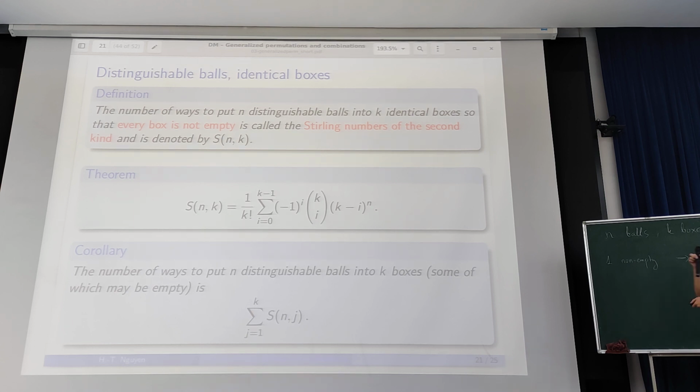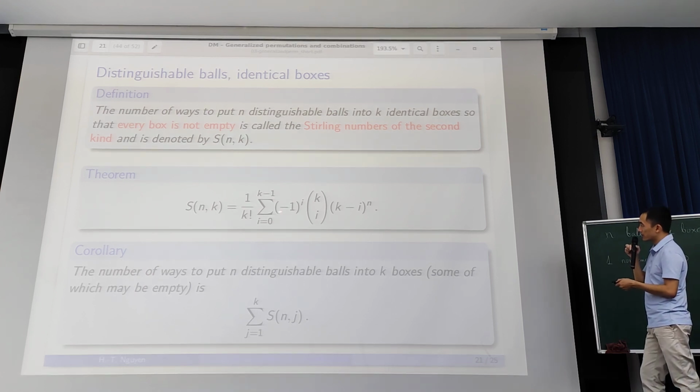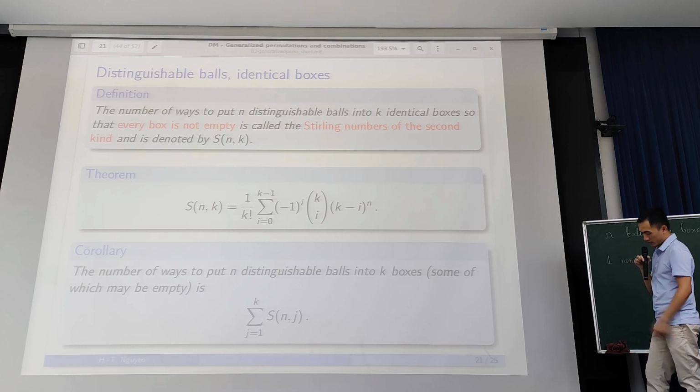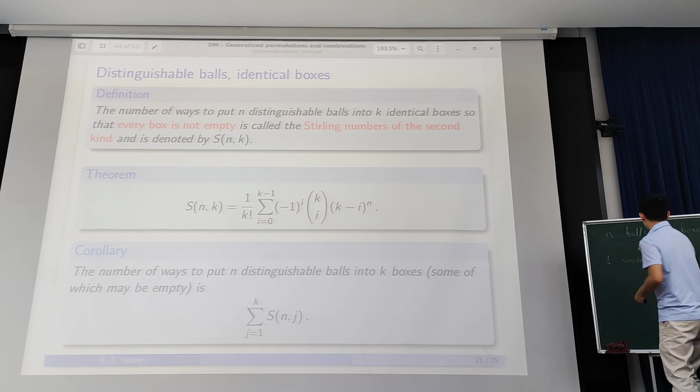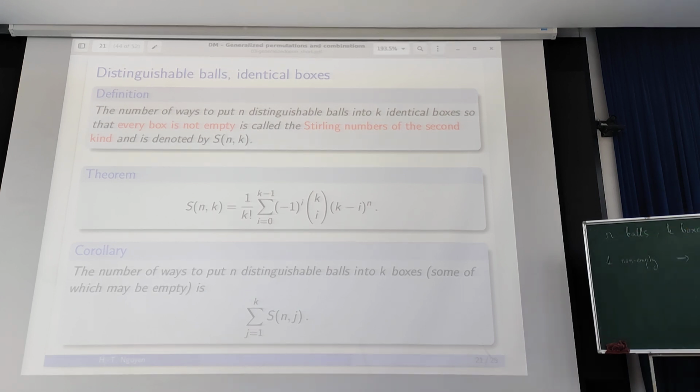If you apply this formula with k equal to 1, then the sum consists of only one term: 1 over 1 factorial, times (-1) to the power 0, times 1 choose 0, times (1 minus 0) to the power n.